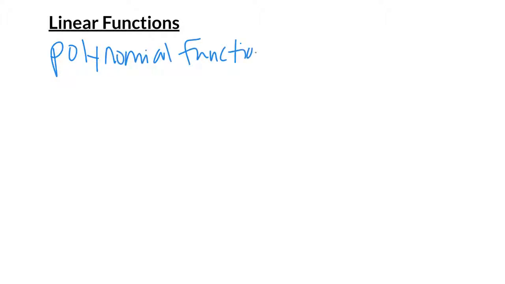Now let's look at linear functions. A linear function is a polynomial function of degree 1. That means that the largest exponent is a 1. So it's got this form.